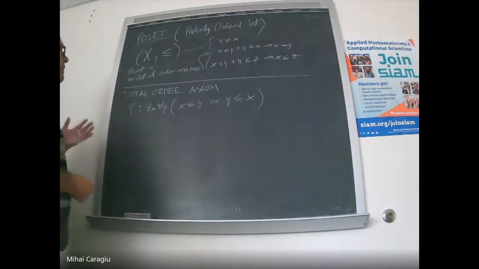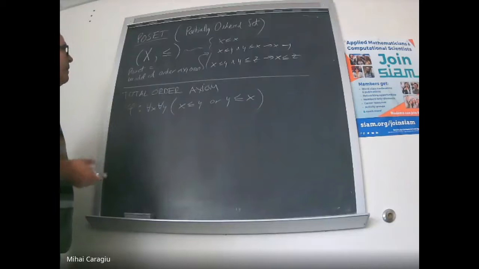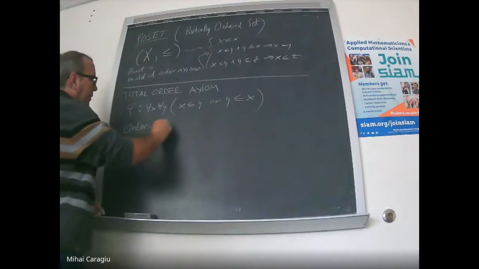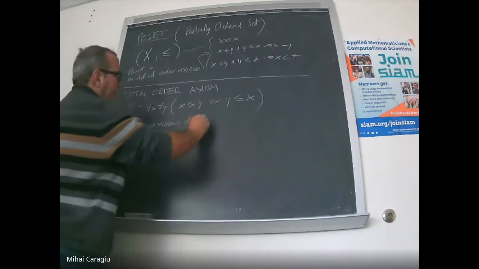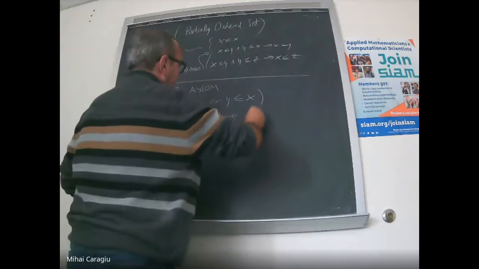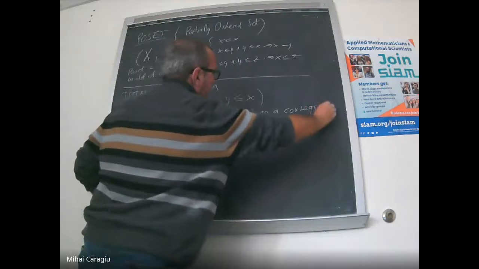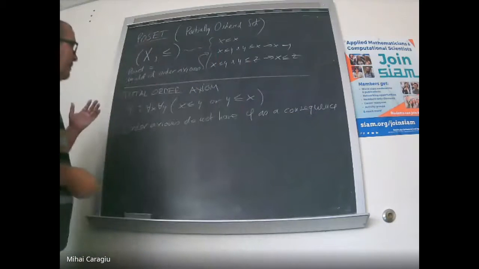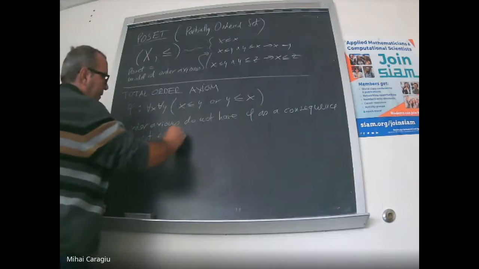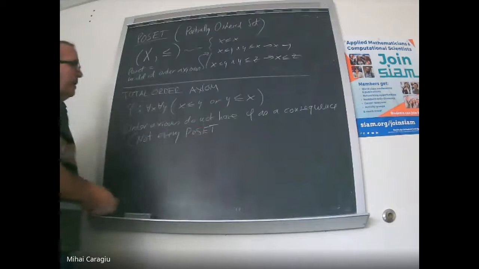The thing is, like we discussed so far, it's enough, from our previous discussion, to show that the order axioms do not have phi as a consequence. Why? Because not every poset, as in partially ordered set, is totally ordered.